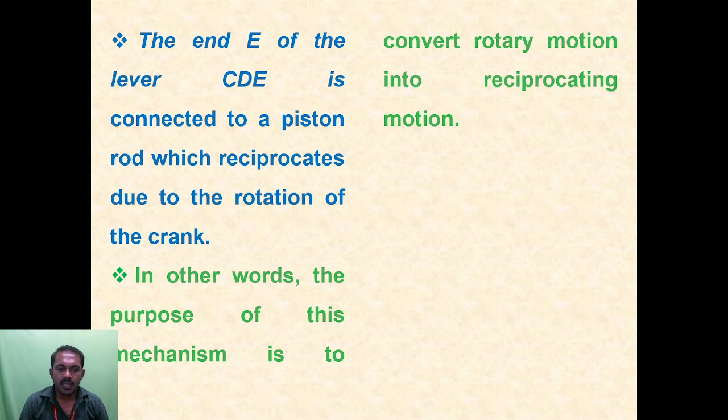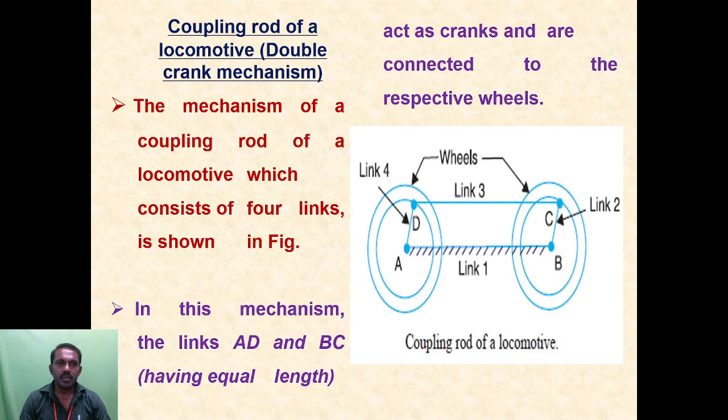In other words, the purpose of this link mechanism is to convert rotary motion into reciprocating motion.